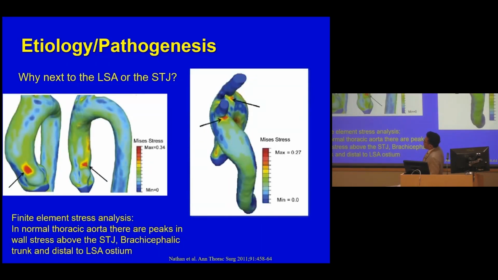So why does this type of pathology occur in the aorta at specific spots? Engineers did a study using finite element stress analysis. It's a type of analysis that they do, for instance, in bridges to determine where they need to reinforce these structures so that they don't collapse.